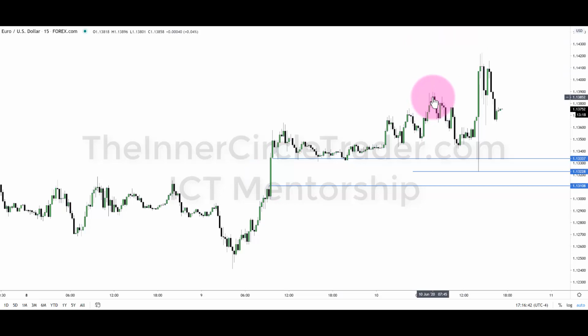So what's 10 pips above that? 114. What's 20 pips above that? 114.10. And what's the 30 pip sweep that we look for? There are grades of sweeping above a high or old low: 10, 20, and 30.